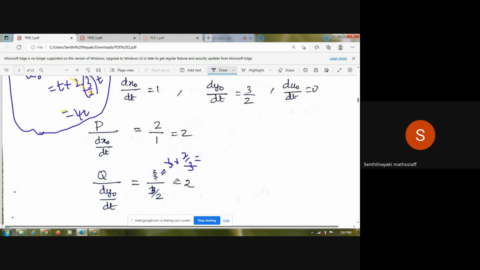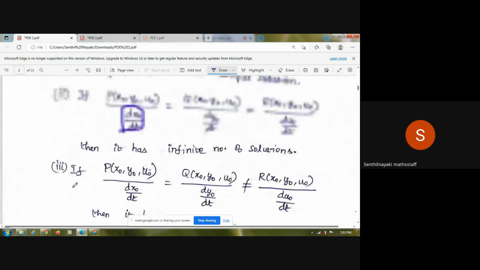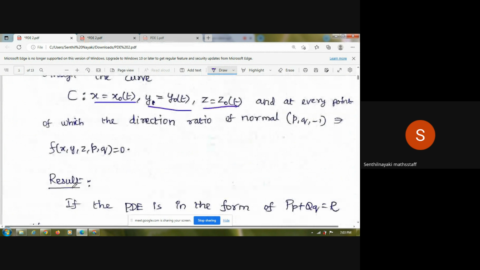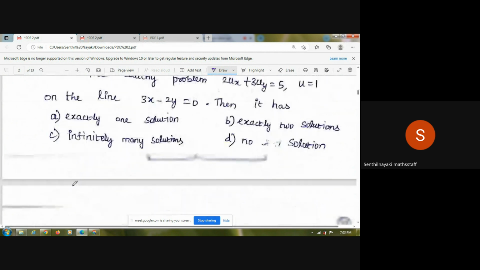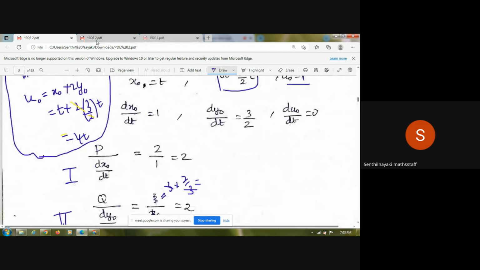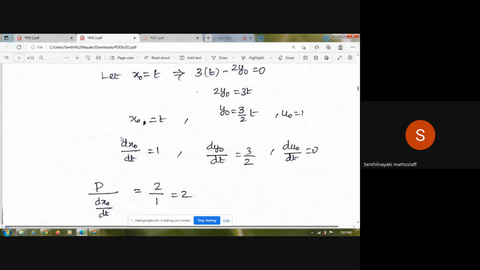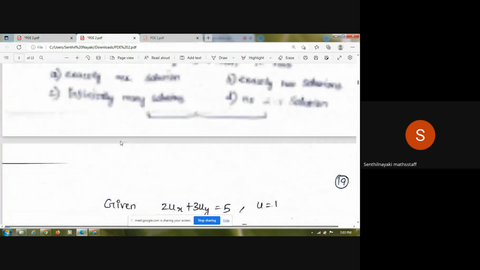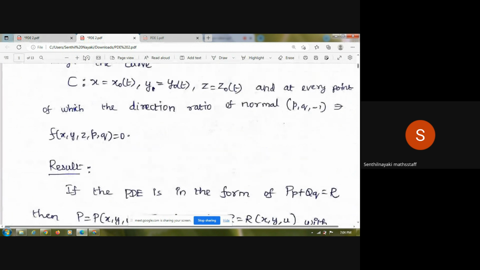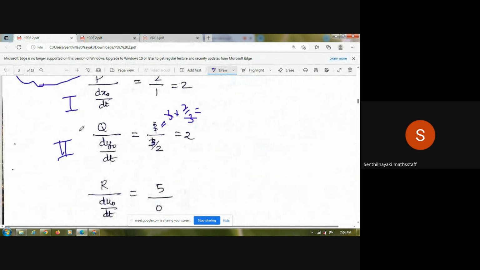Now you can easily see that the first ratio and the second ratio are equal. If the first ratio and the second ratio are not equal, then we can say that it has a unique solution.